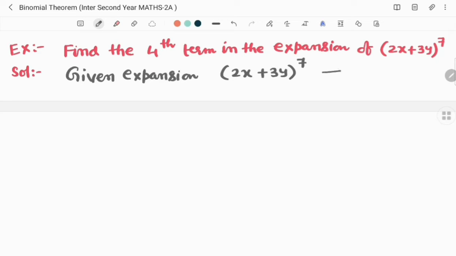And you put that as equation number 1 here. x is equal to 2x, a is equal to 3y, and n is equal to 7.